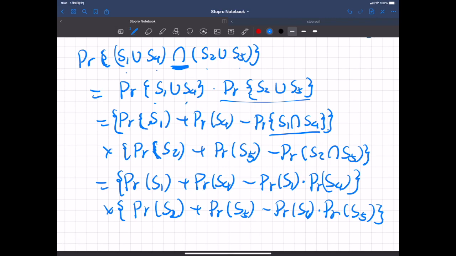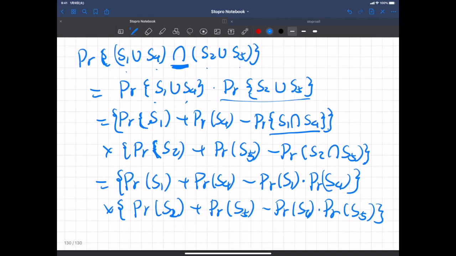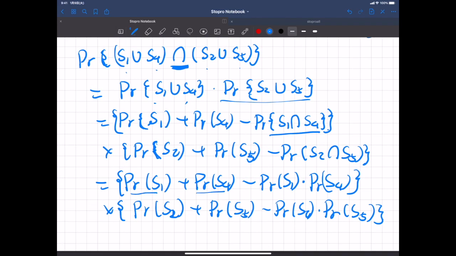Okay. Next, we assume that each component is identically distributed as the other components. So all these probabilities should have the same functional form. So this is basically the reliability function of each component, right? So let's call this RC.